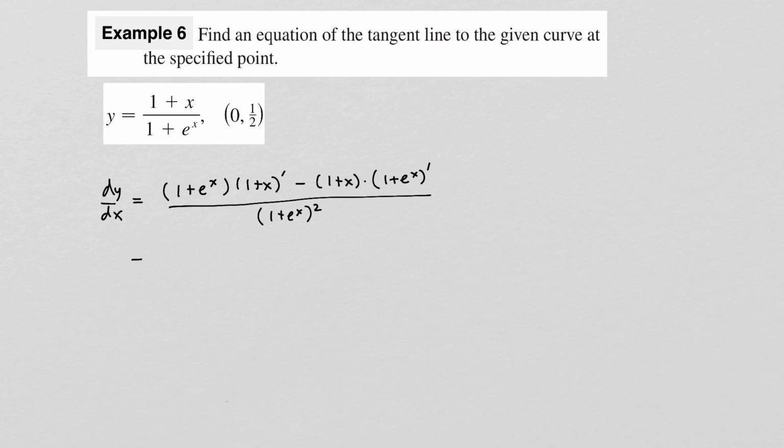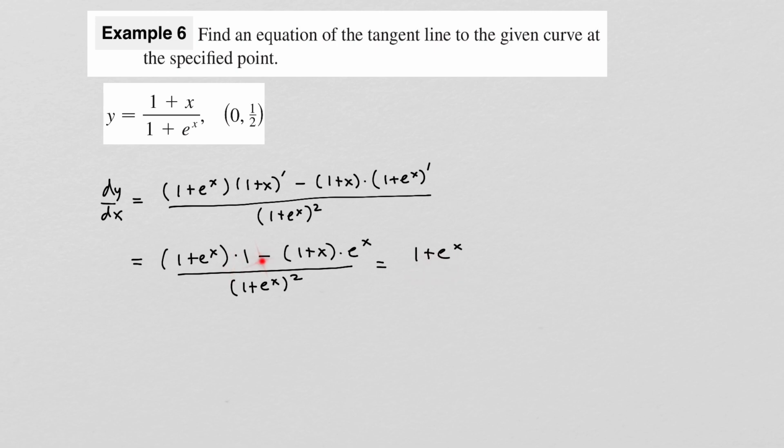So now let's go ahead and do the math here. We have 1 plus e to the x multiplied by the derivative of 1 plus x, which is just 1, minus 1 plus x times the derivative of 1 plus e to the x, which is just e to the x, divided by bottom function squared. Let's do the math here. We have 1 plus e to the x times 1, which is 1 plus e to the x.